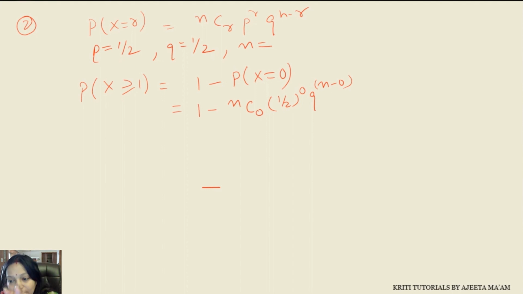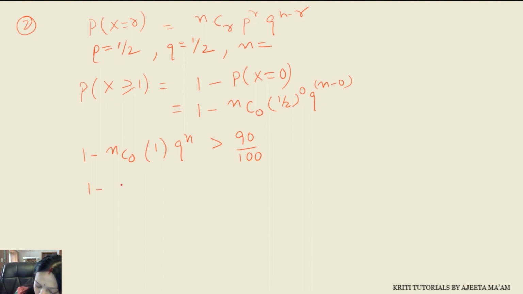We have to find n such that this becomes greater than 90%. So now let's do it. 1 minus nC0 half raised to 0 is 1, q raised to n is greater than 90%. Instead of equal to, the only difference in this question is greater than. ओनली डिफरेंस. आपको कुछ एक्स्ट्रा नहीं करना है. डोंट वरी अबाउट दीज टाइप ऑफ क्वेश्चन इन एग्जाम. दे आर गुड टू अटेम्प्ट. ज़्यादा मार्क्स भी नहीं हमारे डिडक्ट होते, बहुत आसानी से वी कैन डू इट.